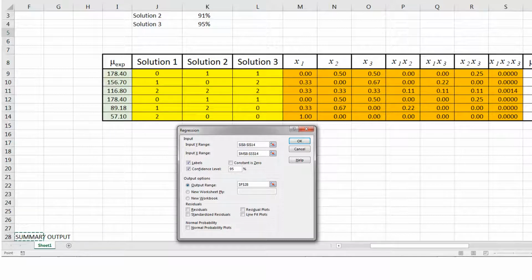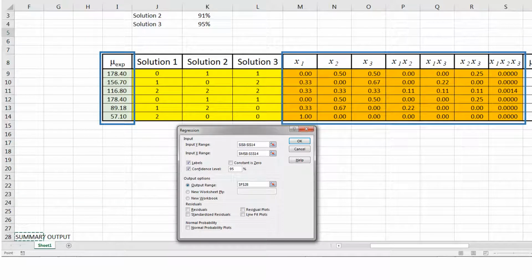It asks you to input the y range, which is the viscosity data. It also asks you to input the x range, which is the total number of x's that we wish to analyze. Make sure you check the box for labels, because we're going to include the labels.